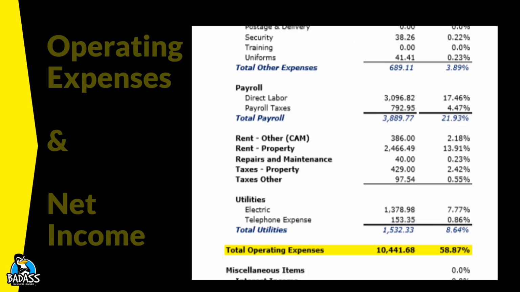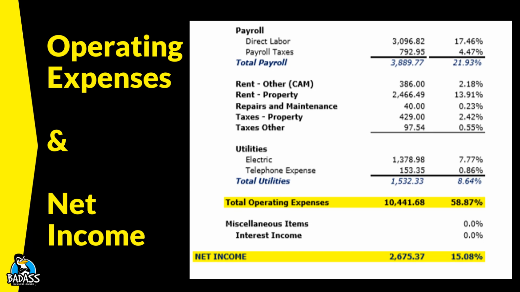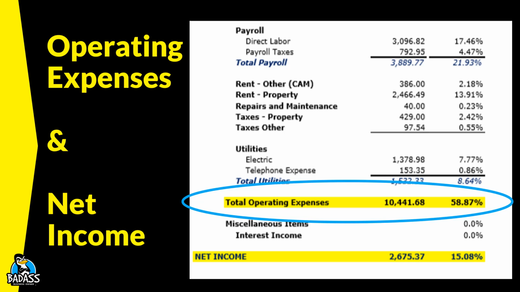And then if you go down to the next section, you'll also see the labor, the rent, the taxes, and these aren't the taxes on the income. These are taxes that you pay, for example, on property and some other items. You've got some payroll taxes, different stuff like that, utilities and whatnot. And you can see here that we have a total operating expenses.